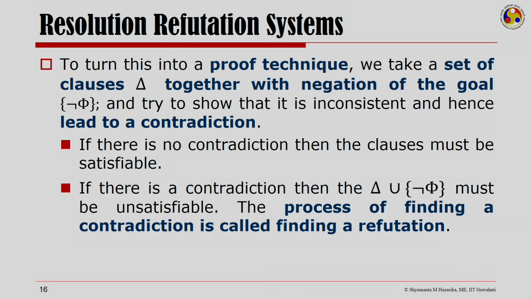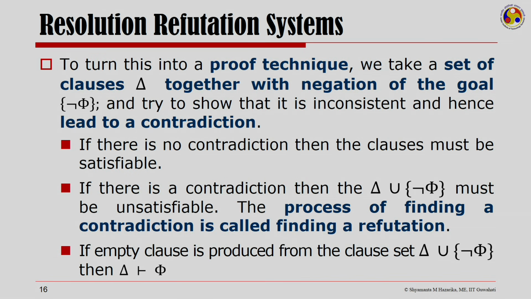If there is a contradiction, then delta union not phi must be unsatisfiable, and the process of finding a contradiction is actually called finding a refutation. If the empty clause is produced from the clause set delta union not phi, then as we have already argued, we can say that delta proves phi.